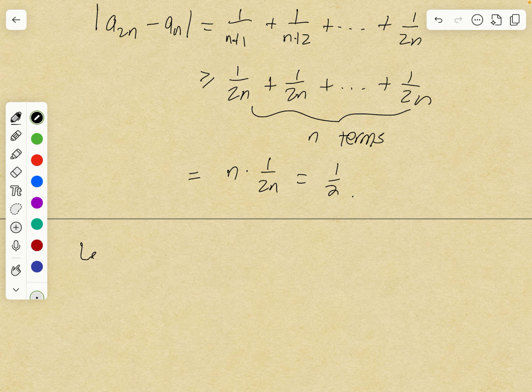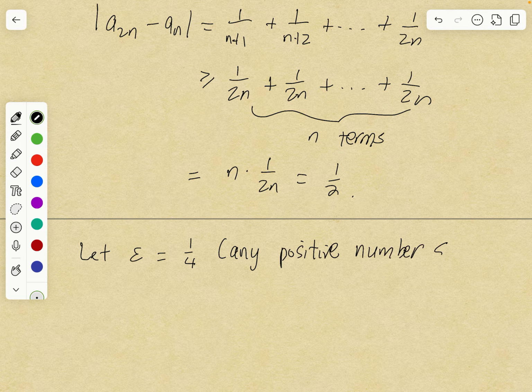Well, let epsilon be anything positive that is less than half. For instance, 1/4, but actually any positive number less than half will do.